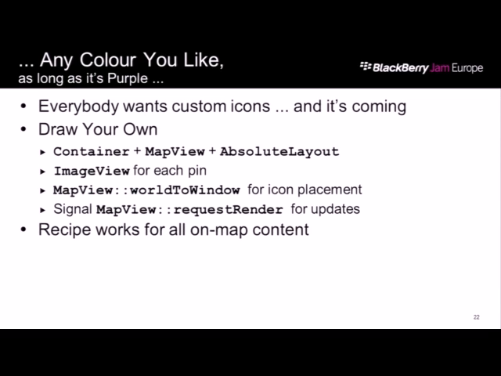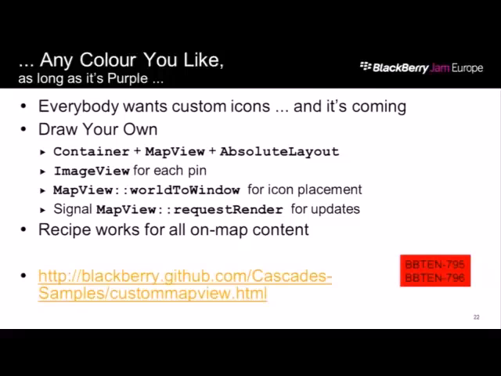Or even some of the standard images that you would see on TV. This exact same recipe works there. As the user pans the map, you will be notified. You then figure out where the map has moved and update your overlay as appropriate.